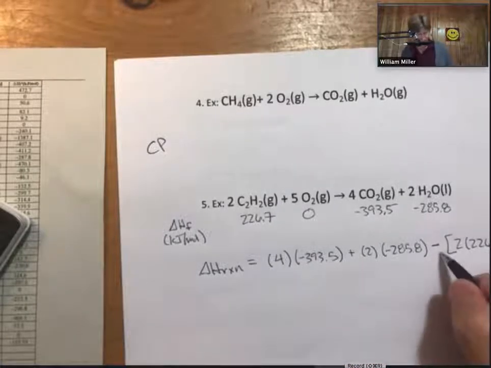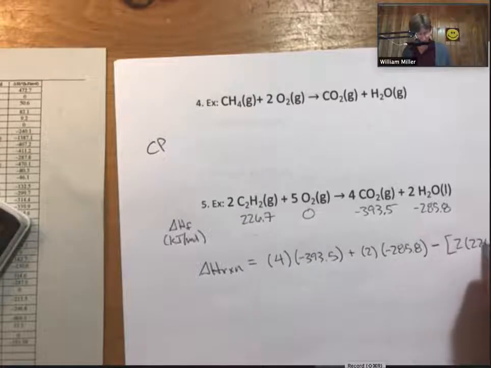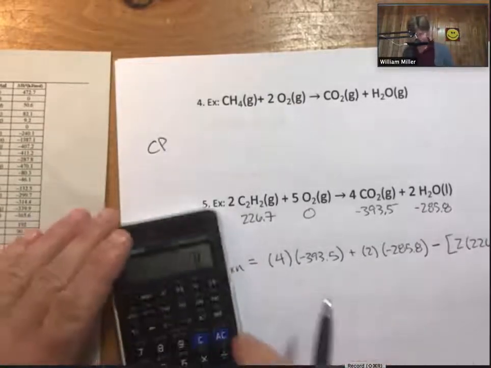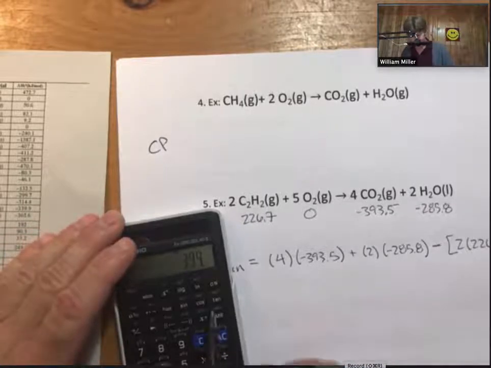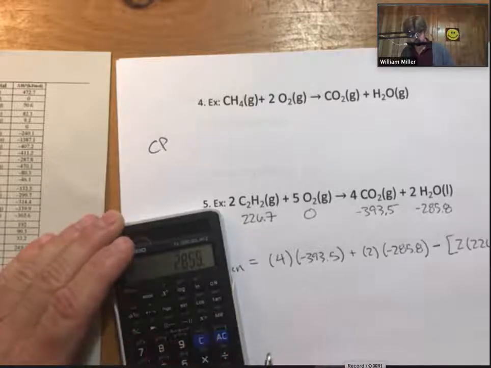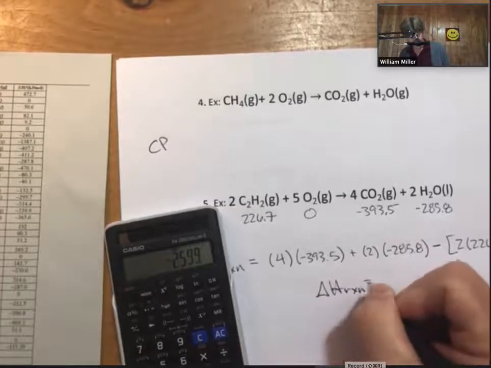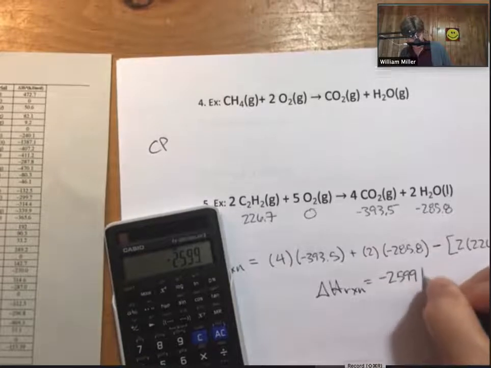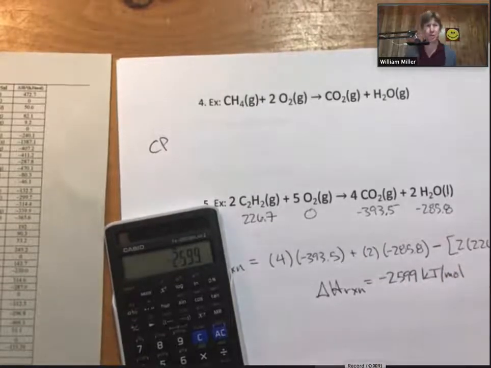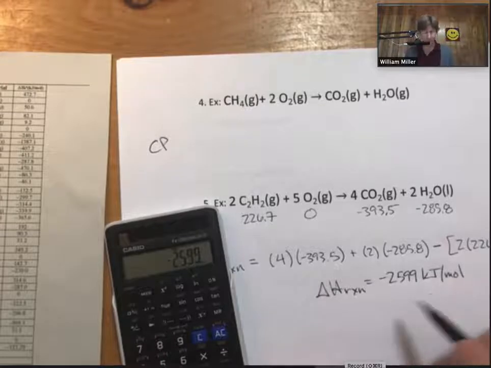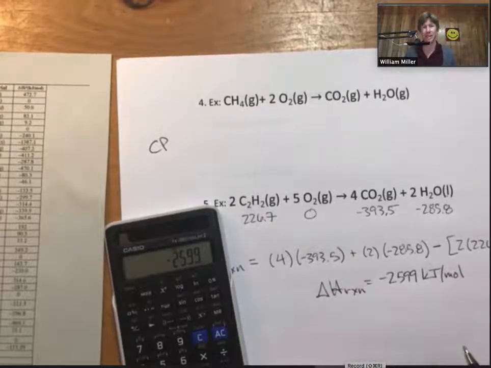That looks about right. This is a positive number, so this will be a negative and subtract it off. Multiply it out. I get 2,599 kilojoules per mole. Everything's in kilojoules per mole here. That is my change in enthalpy of reaction for this process.